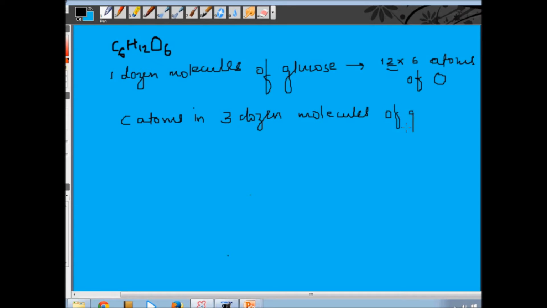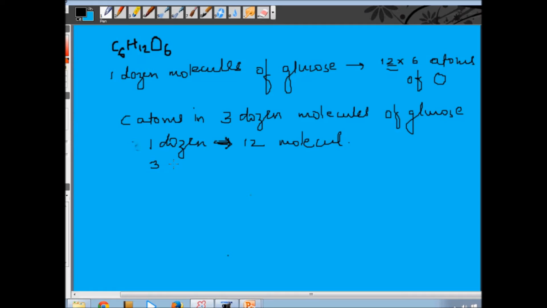If you remember what we did to calculate carbon atoms, first we calculated what 3 dozen means. So let's see that again. 1 dozen molecule of glucose implies, 1 dozen means 12 molecules.